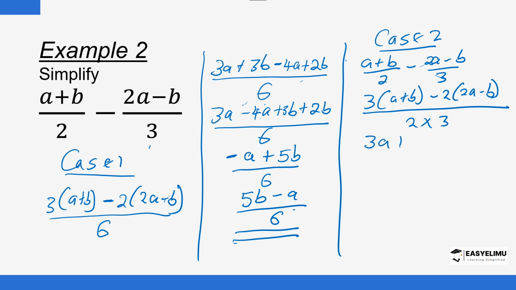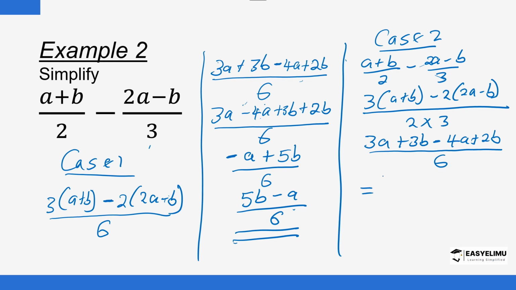So that is going to be 3a plus 3b, and then this is going to be minus 4a. But when the minus appears before the bracket, remember the sign of the bracket changes, so it becomes plus 2b. We still divide by 6. Then the journey continues.